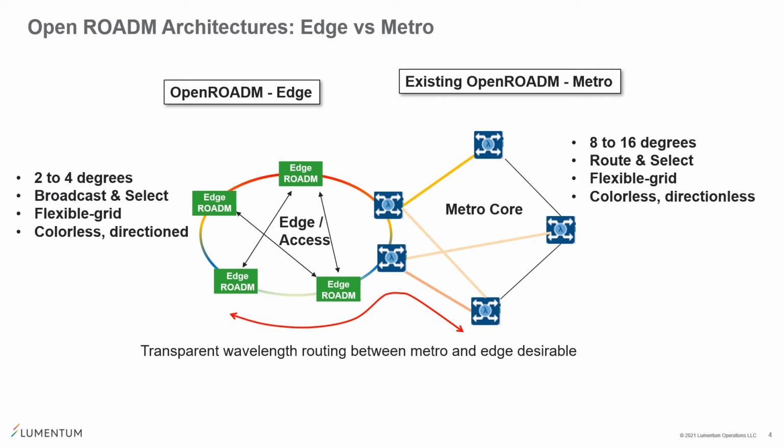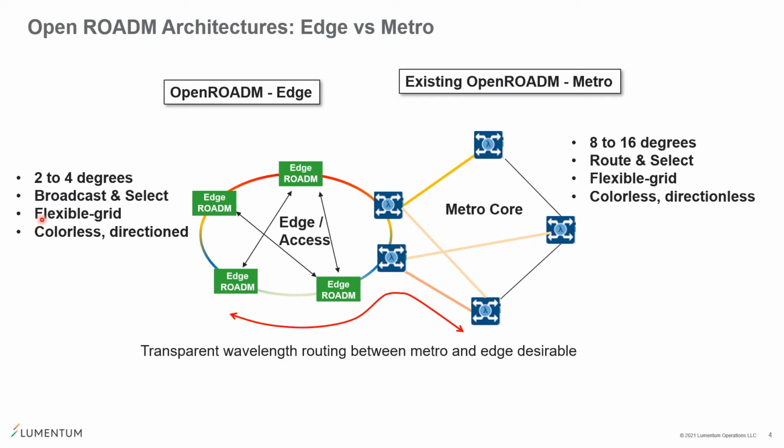Now, if you were to look at what is the corresponding thing that has been proposed and accepted for the edge, we're looking at the edge requiring somewhere between 2 to 4 degrees. A broadcast and select type of ROADM architecture is accepted because the edge has to transparently interoperate with the metro.